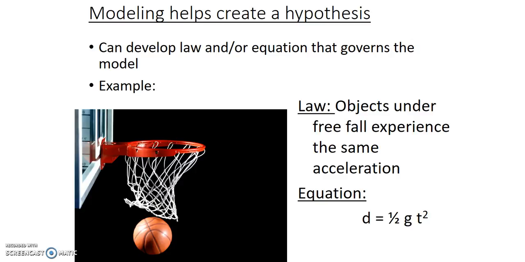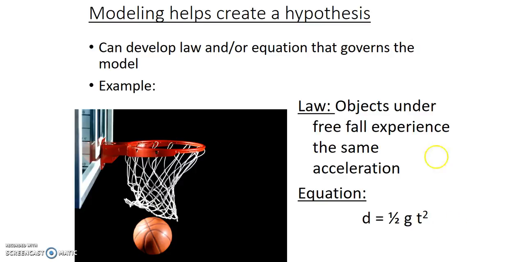Another thing that models do is help us provide a law or some sort of way to analyze the system. For example, as I used before, objects under free fall experience the same acceleration if we take out air resistance. So if we take out air resistance, our model becomes much more simple. Although this right now probably looks like hieroglyphics to you, this is way easier to analyze than using air resistance, because at that point you have to use these things called differential equations and it gets kind of complex.